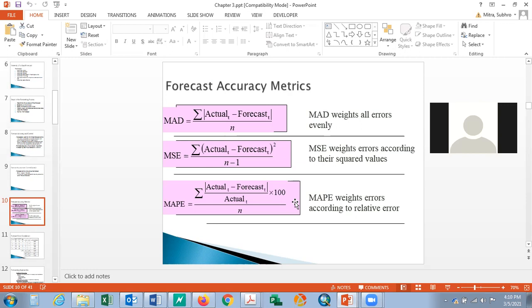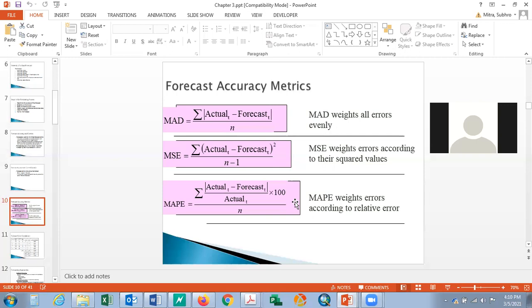Say in one forecast, you are on the higher side. So your forecast is more. So we measure the error by subtracting the forecast from the actual. So if the forecast is more, your error is negative. On the other hand, if your forecast is less, the error is positive.